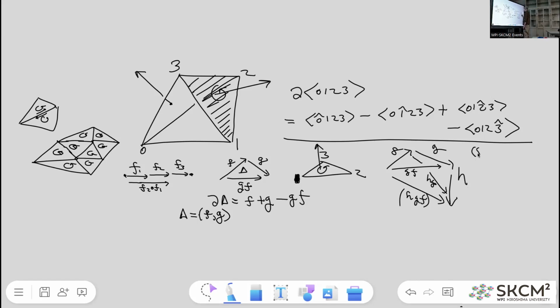So then you're looking at F and G and H, and you're asking, well, what should the boundary of that be? I can't remove the G, I'm sorry. The ones where I can make a single removal are at the end, so I can remove the F or I can remove the H.